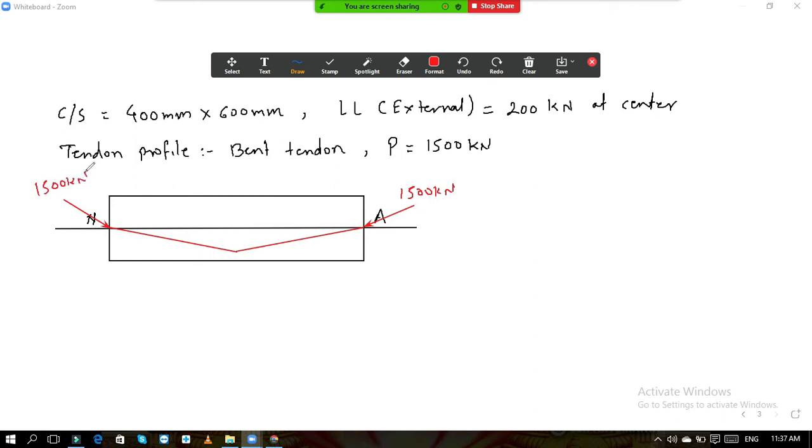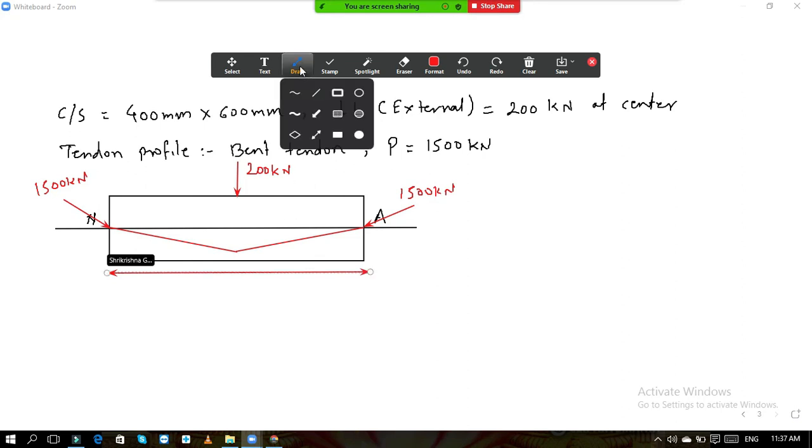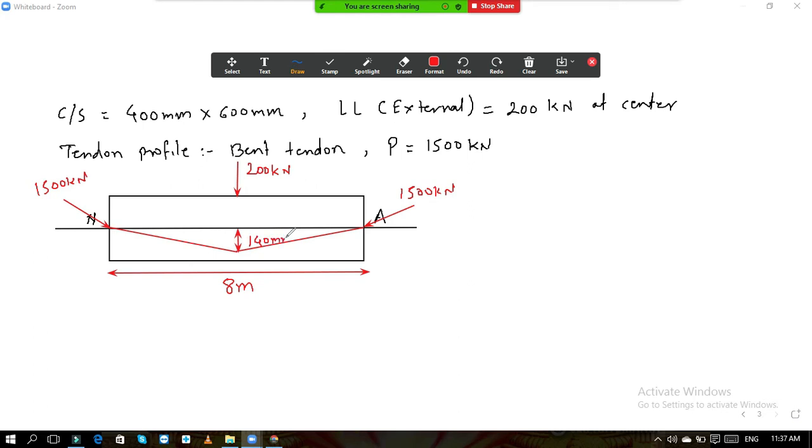The external load, which is a point load, acts here, it is 200 kilonewton. Then the total span of the beam is 8 meter, and this eccentricity is given to us. The value of e is 140 mm.